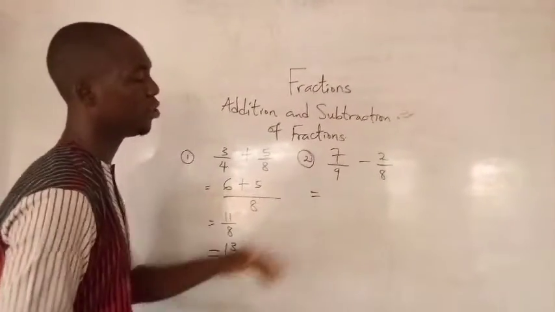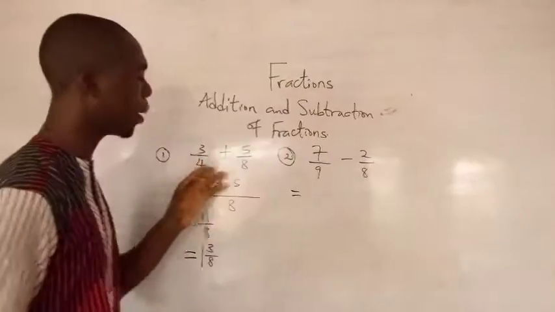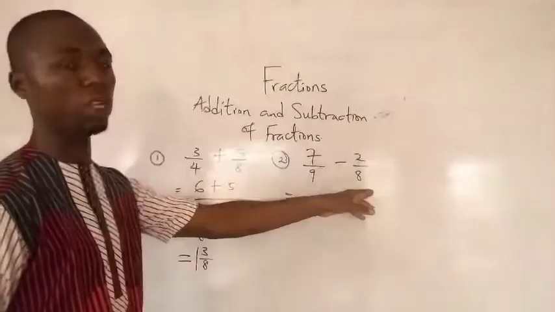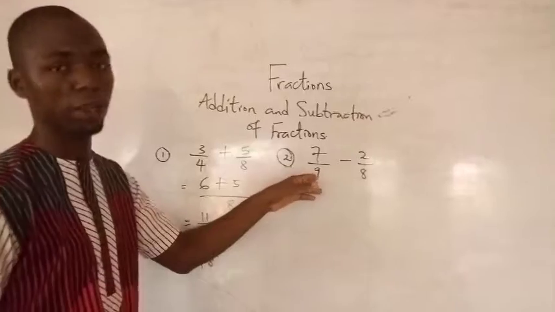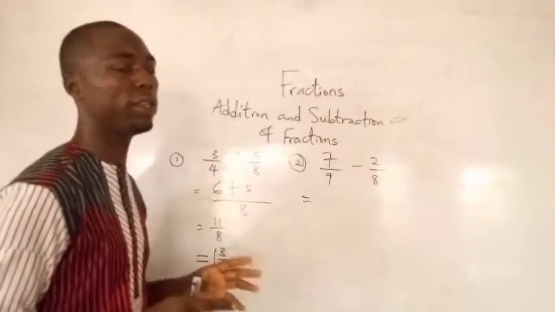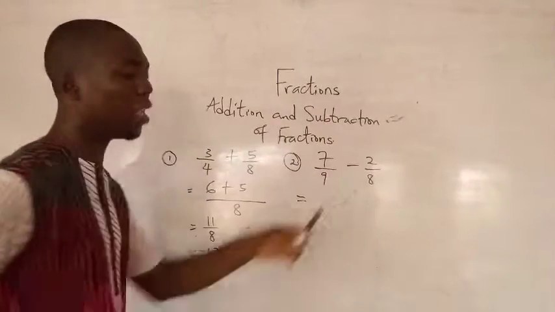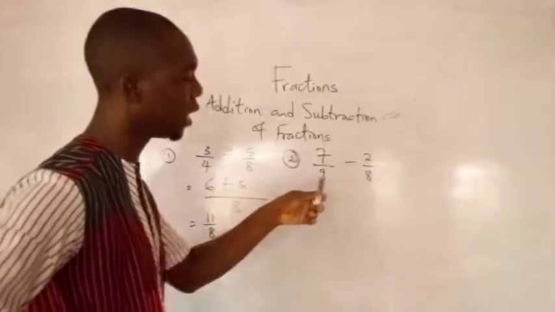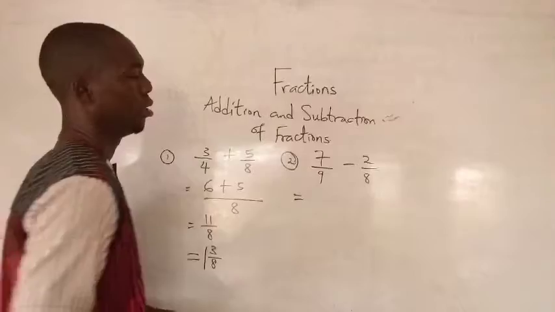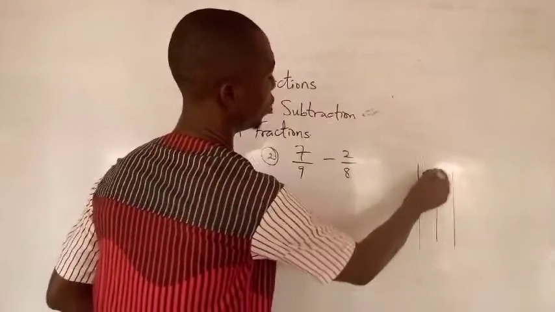We'll find the LCM of 9 and 8. And it is obvious that the method we applied here is not applicable here because 8 is not a factor of 9. So we cannot take 9 as our LCM. So we'll now find the LCM of 9 and 8. We may decide to use our long division method that we know.